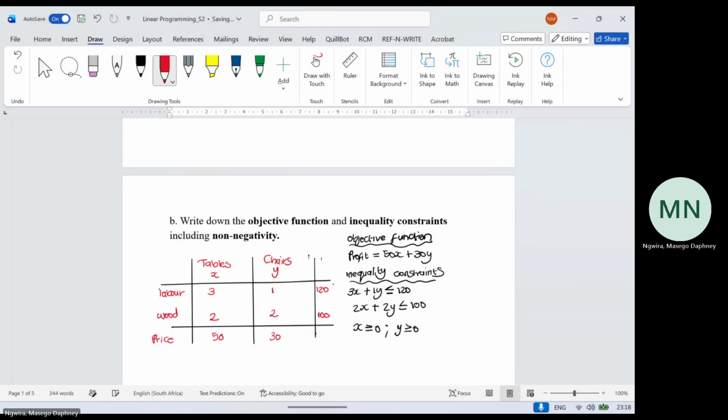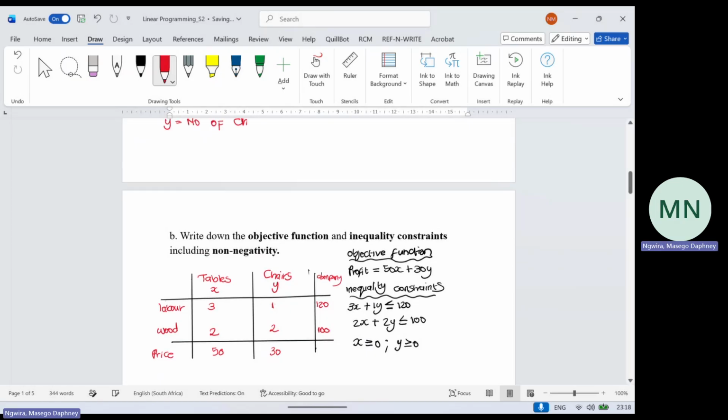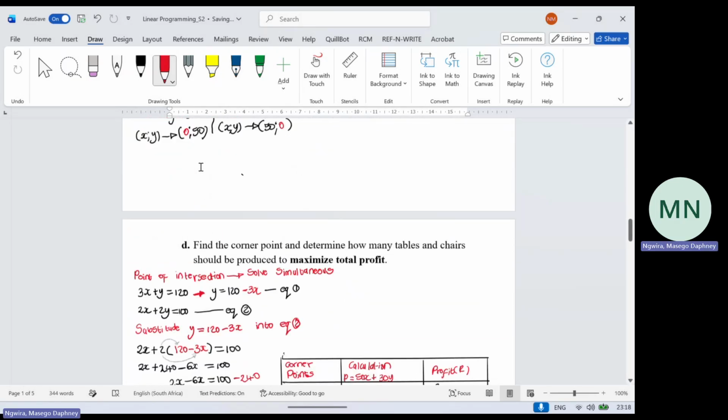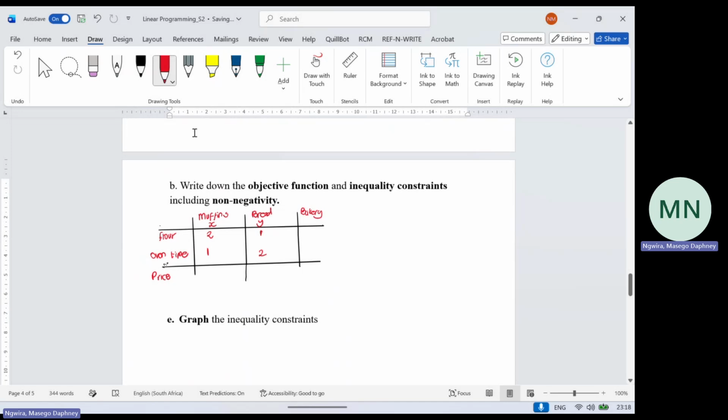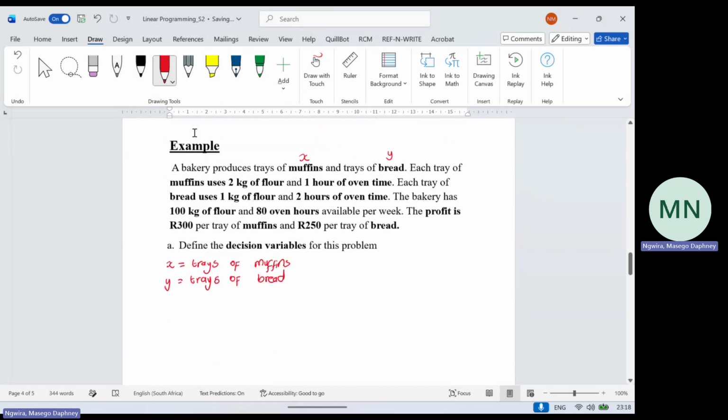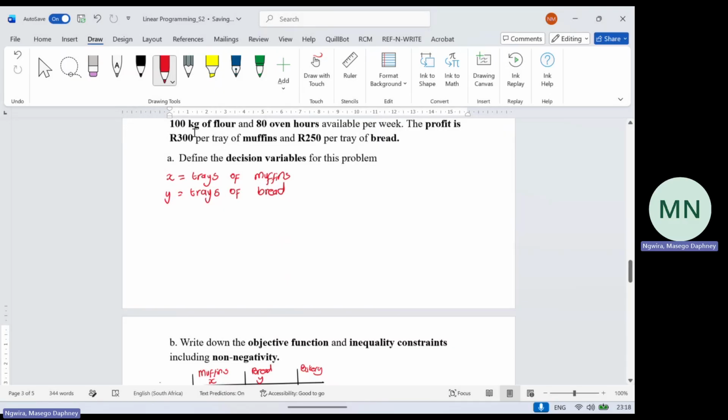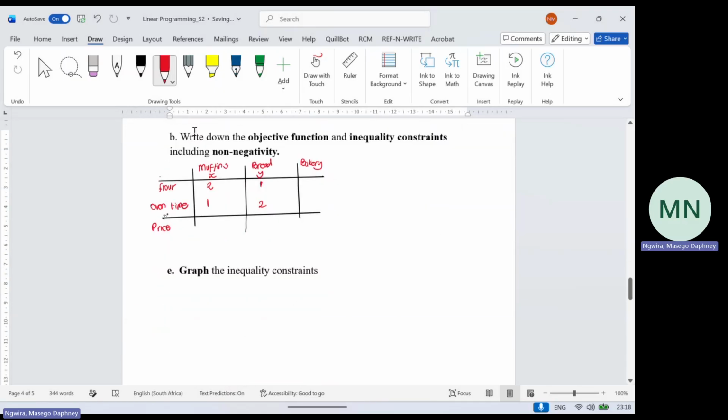Company, bakery. Bakery, we have 100 kg flour and 80 hours oven time.